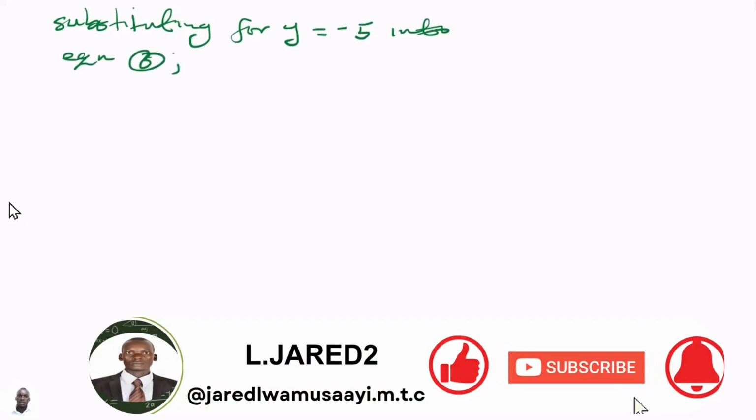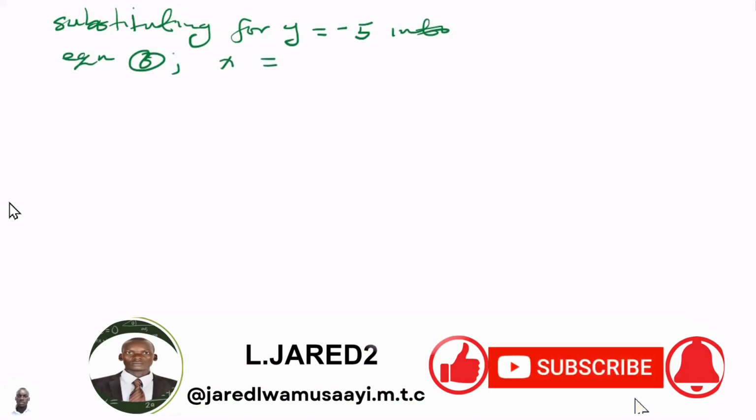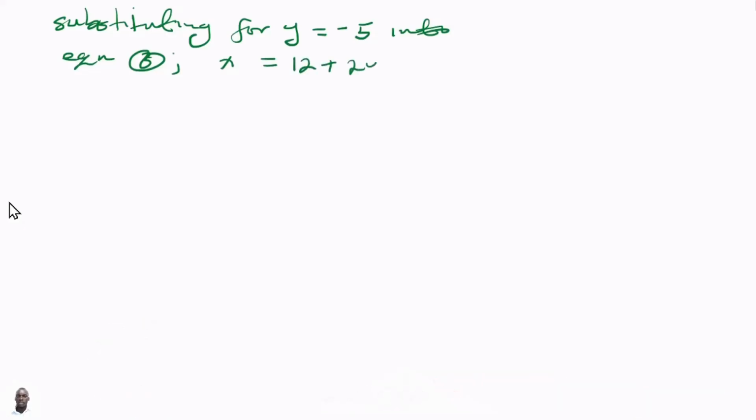Our equation 3 is x equals 12 plus 2y. This is our equation 3. So as we substitute in, we are going to have x being equal to 12 plus 2, then the value of y is negative 5. So we have 2 multiplied by negative 5, implying that x equals 12, and 2 multiplied by negative 5 gives us negative 10.